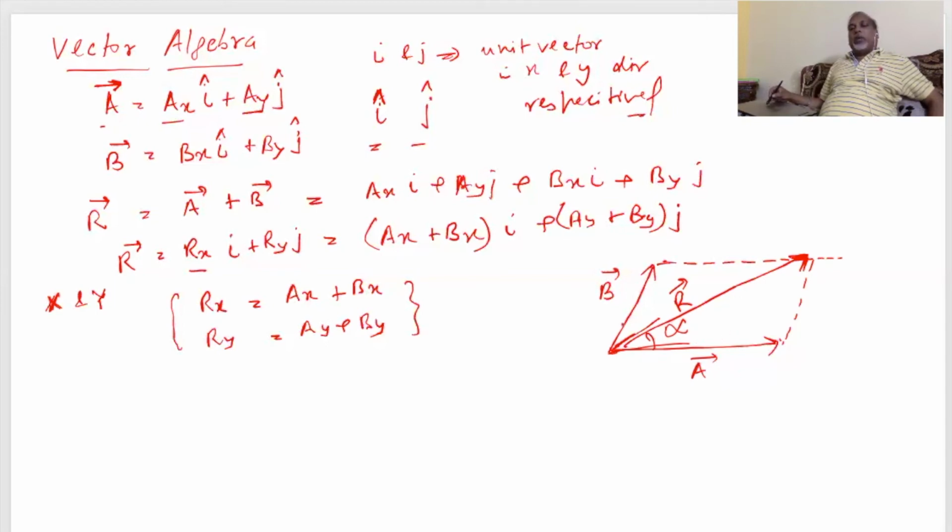Alpha means the angle the resultant is making with one of the vectors, that is A. So suppose these two vectors are at an angle theta with each other, it is given. Then what about this? This will be nothing but your theta, because this is parallel to this.